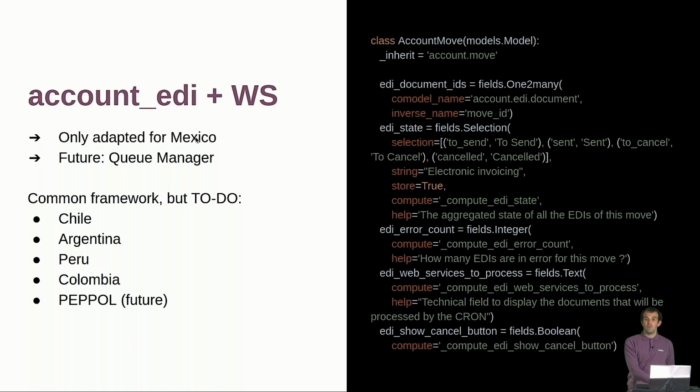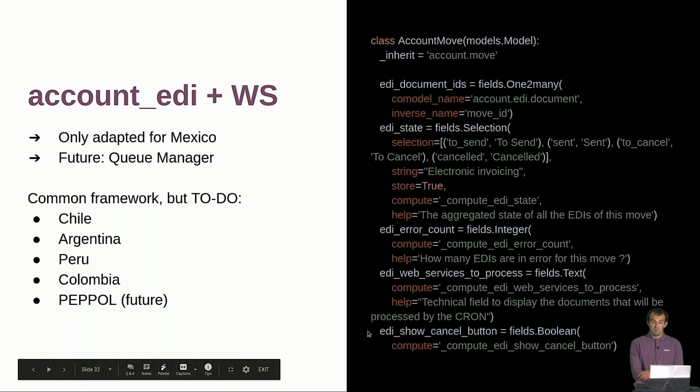This, however, has only been done for Mexico, a bit because we are opening a new office over there. You see here that there is one common state. We have something for the errors. We can check if it's for web services.